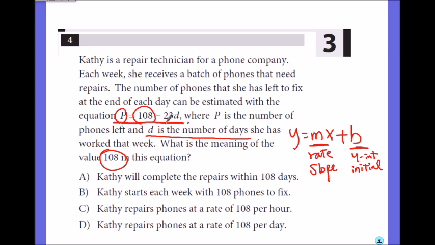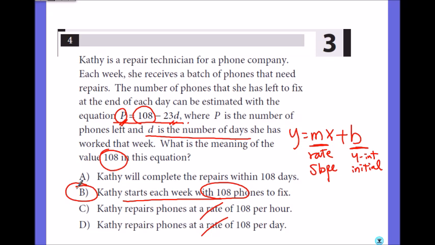So each day she fixes 23 phones, so the total number left reduces by 23 each day. So what is 108? It's the initial value, so it's not a rate. Is it that she will complete the repair in 108 days? No. She starts each week with 108 phones to fix.